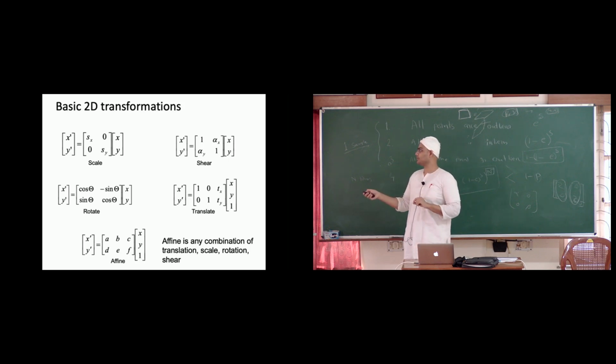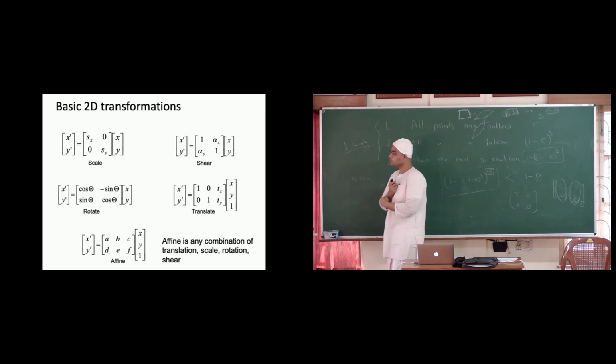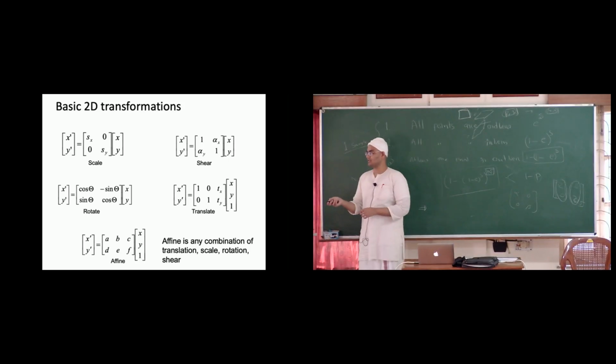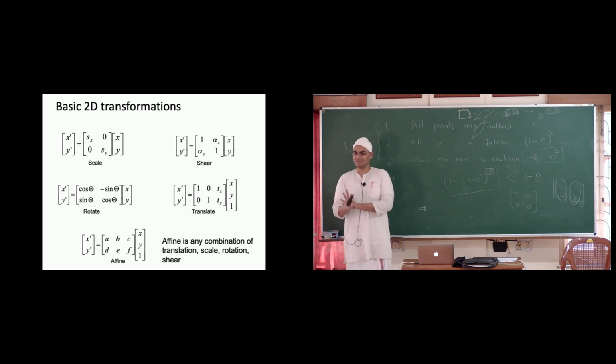So the tx is going to add directly. What will this be in 3 dimensions? 3 dimensions would be a little bit complicated. It will have one more parameter, again it will have 3 here, and it will be even bigger. Not going there right now, but we will go there.